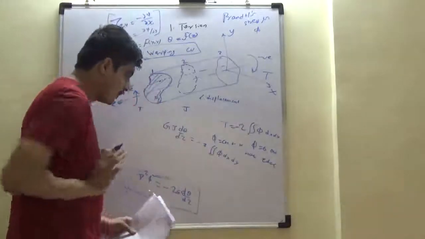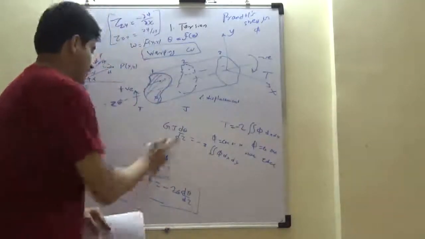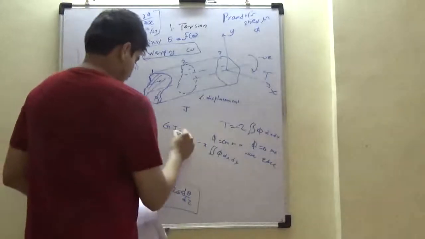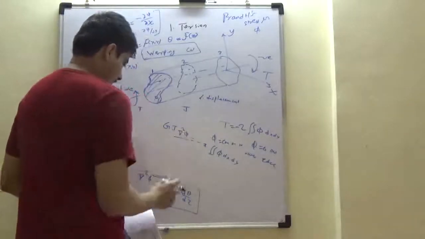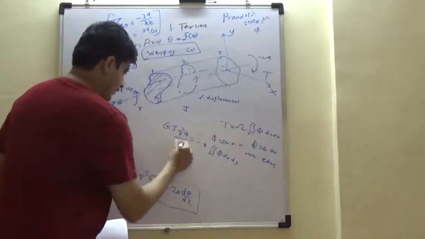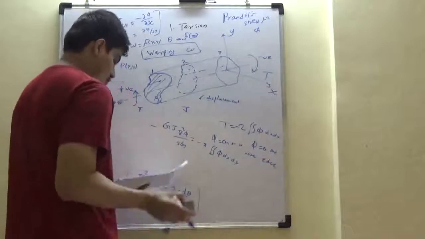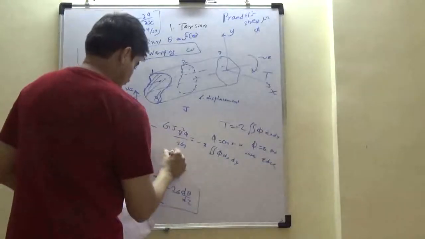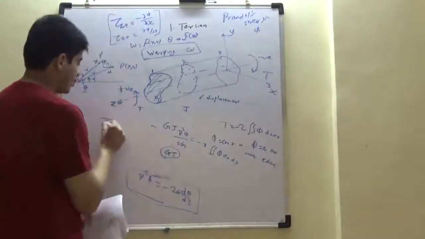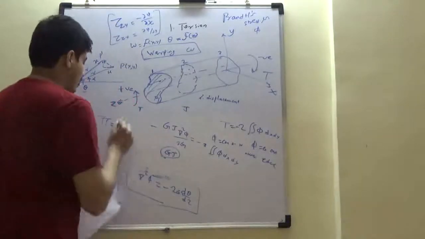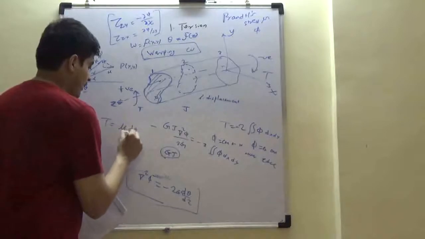I have to substitute d theta by dz using this. What is d theta by dz? Del square phi upon 2G, minus sign. So GJ, the constant. So since torque is this GJ, some constant, right? Let's call it some constant mu d theta by dz.